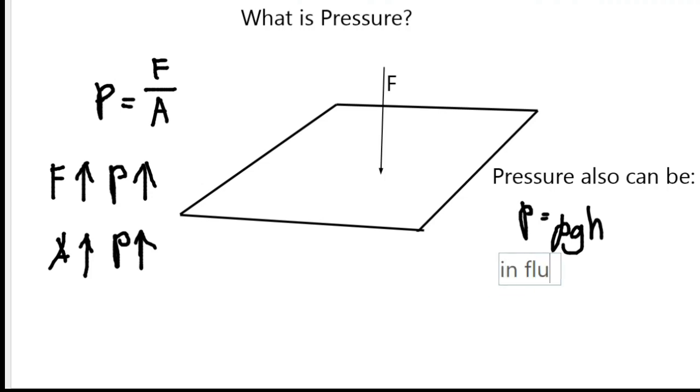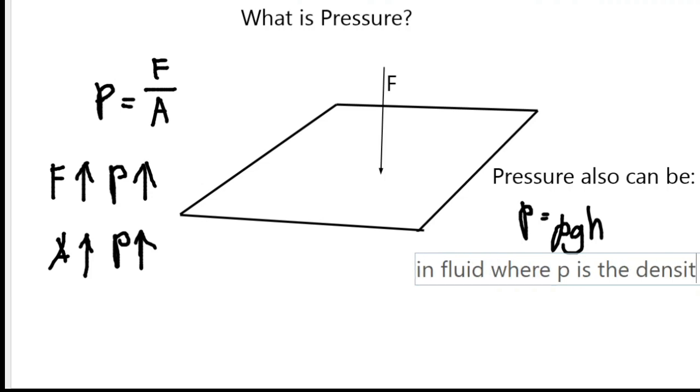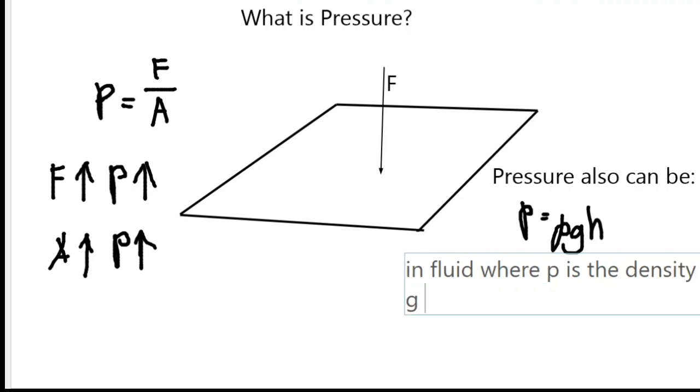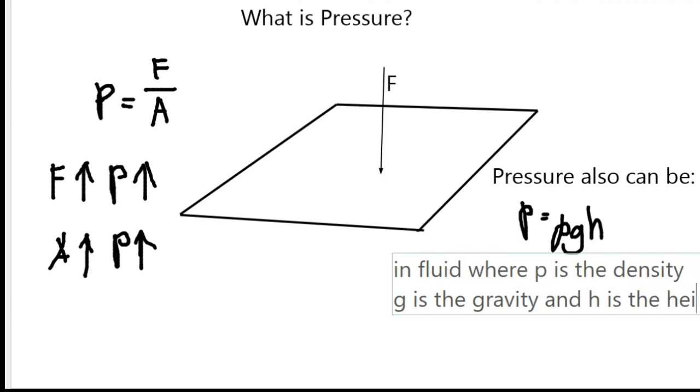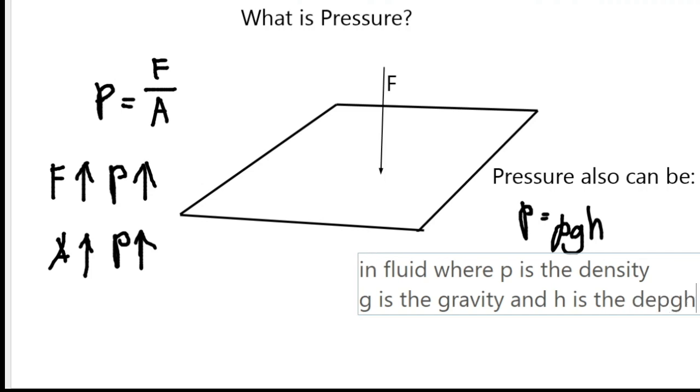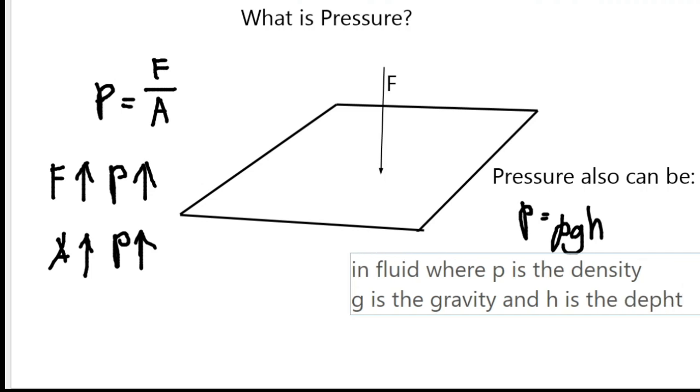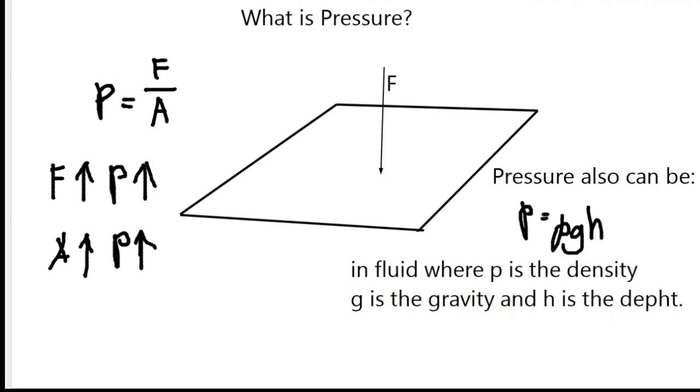So in fluid, this is the equation, P equals rho g h, where rho is the density, the capital P is the pressure, g is the gravitational acceleration, or just 9.8, and h is basically the depth or height of that fluid.